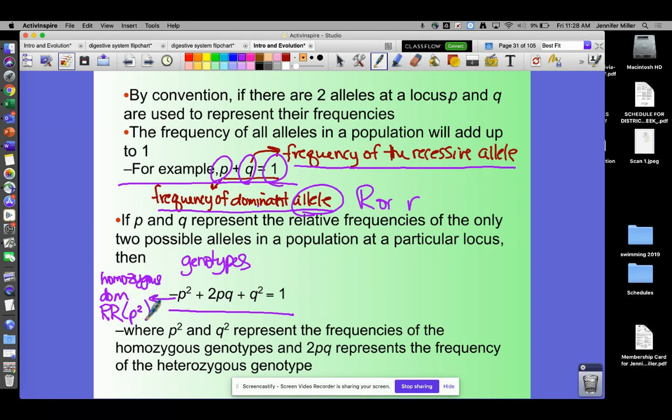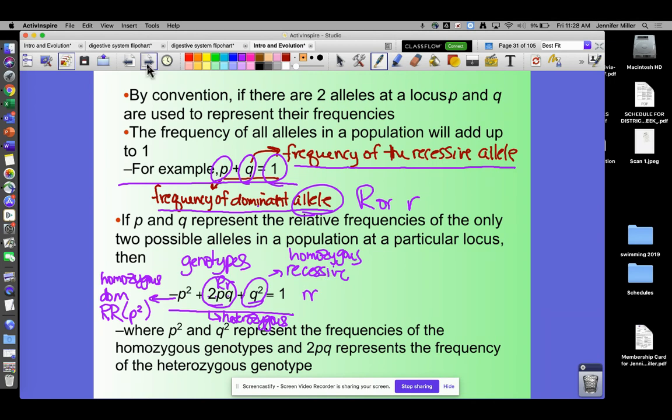Because it's 2 big R's together. This is the frequency of the heterozygous genotypes, and I'm going to show you why it's 2pq. This is the dominant and the recessive, like big R, little r. And then this one is the homozygous recessive, because if q represents the recessive allele, then little r little r is q squared.